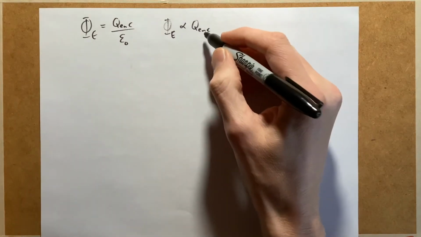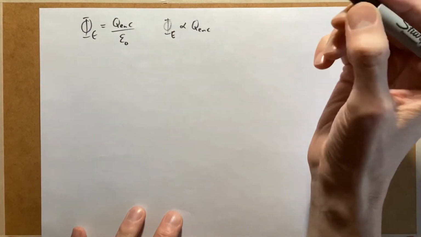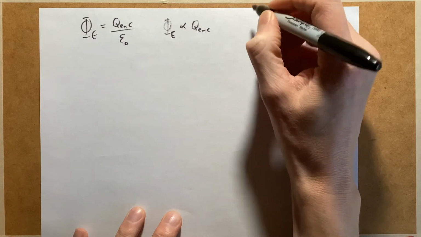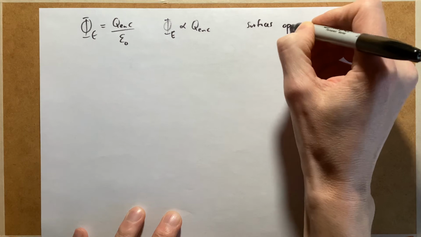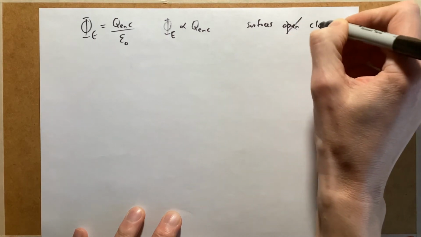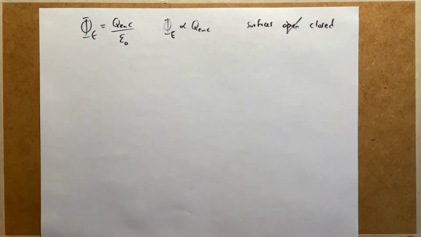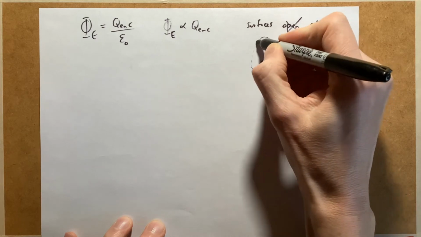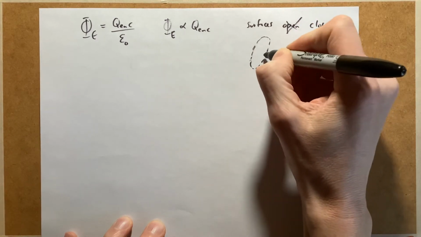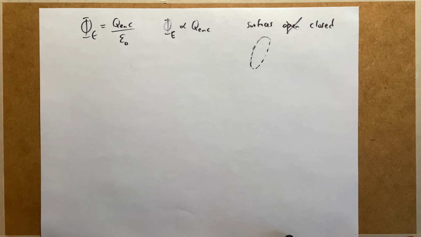Now, first of all, before we go any further, we are going to make sure that the surfaces we're catching with are no longer going to be open, they're going to be closed. What does that mean? Before, we had an open surface that had both sides. I can pull out my example here.